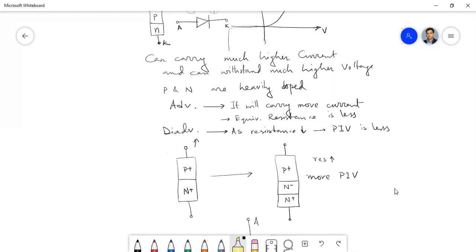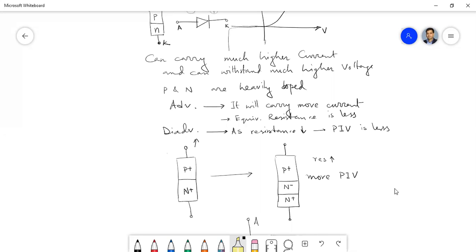Now the plus layer, when we write P plus, means the carrier density in that particular substrate is around 10 to the power 19 per cubic centimeter, and minus denotes less impurity, in the order of 10 to the power 14 per cubic centimeter.